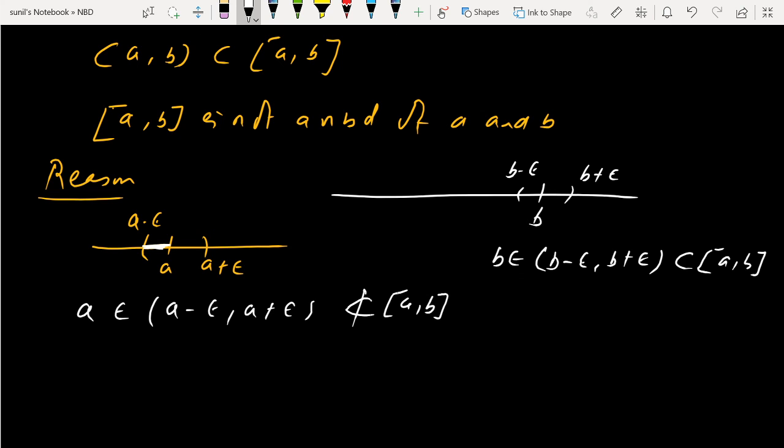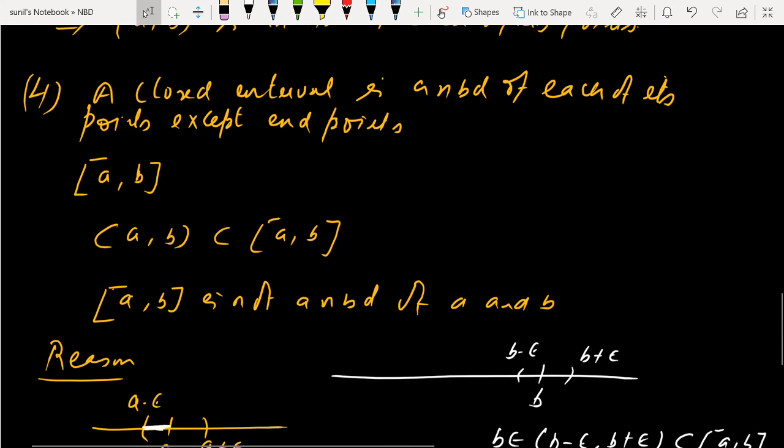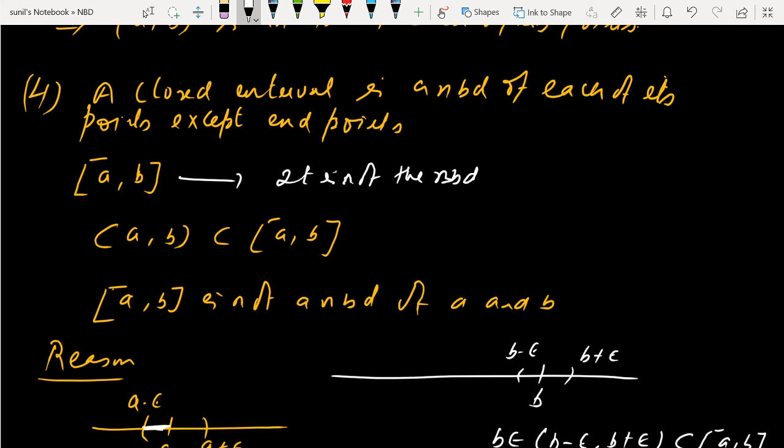So it is the neighborhood of each of its points except the endpoints. It means it is not the neighborhood of a and b.